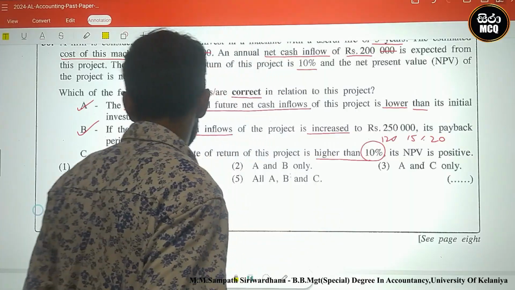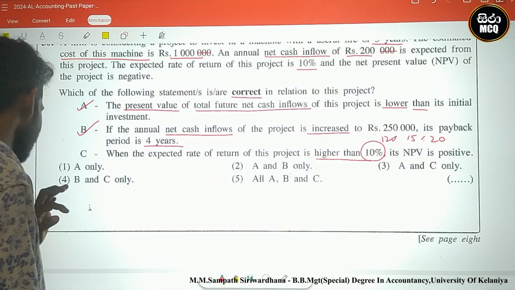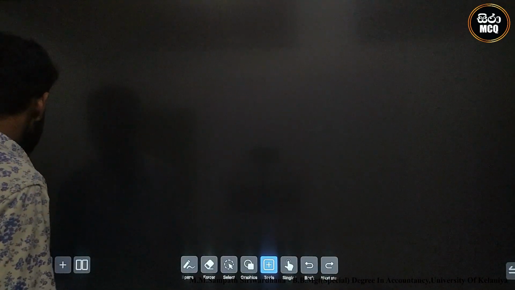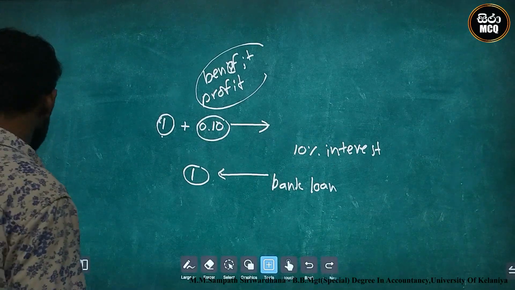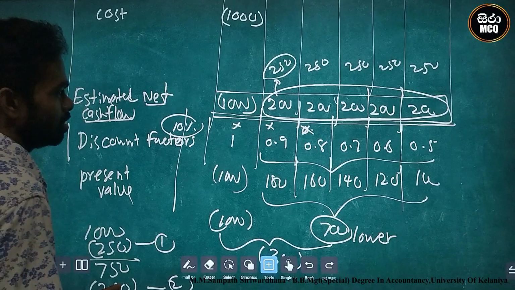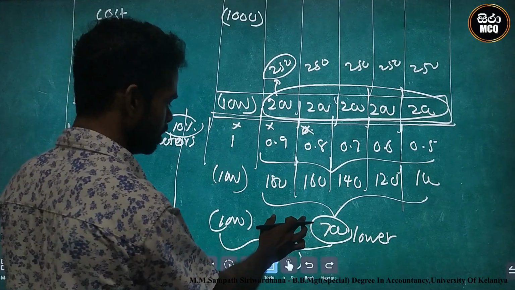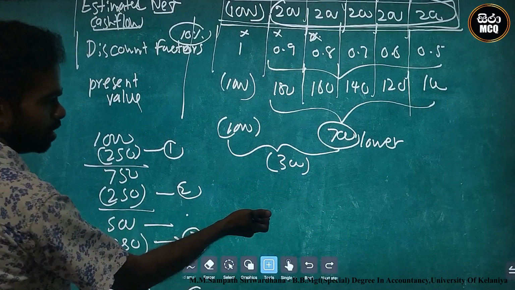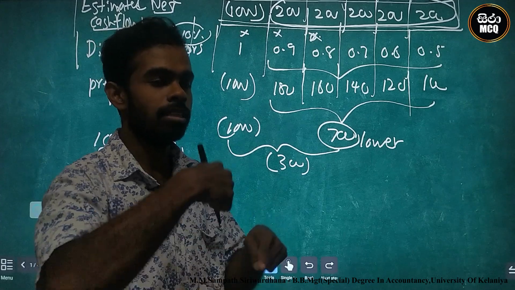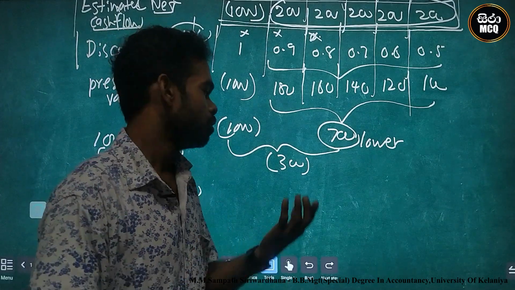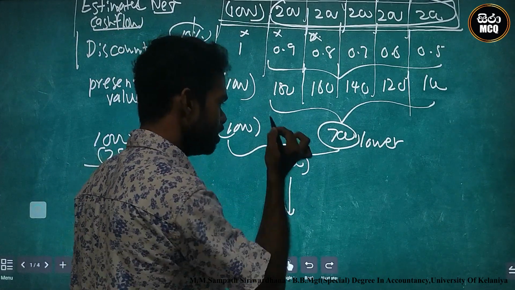Why? Currently NPV was negative. Look here, currently net present value is negative, minus at 10%. After the increase in the interest rate, this should decrease again.